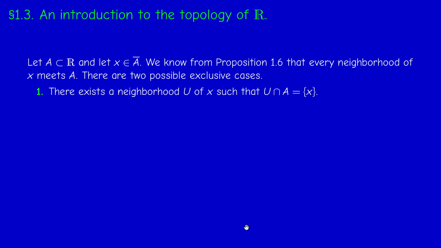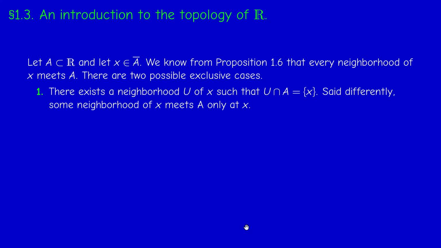First case, there is a neighborhood U of x which meets A only at the point x. It's completely possible, and we can easily give examples. So otherwise stated, some neighborhood of x meets A only at x.